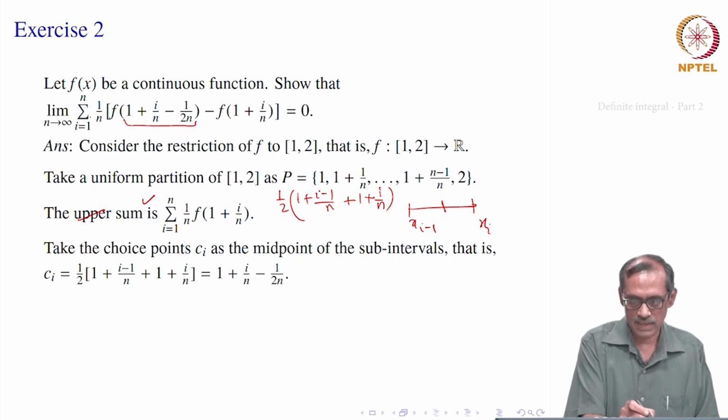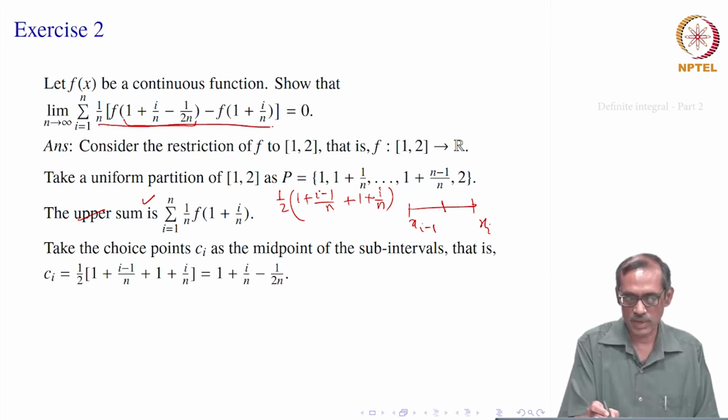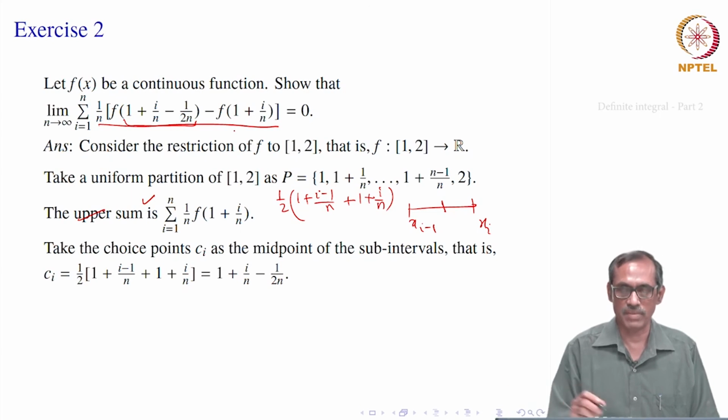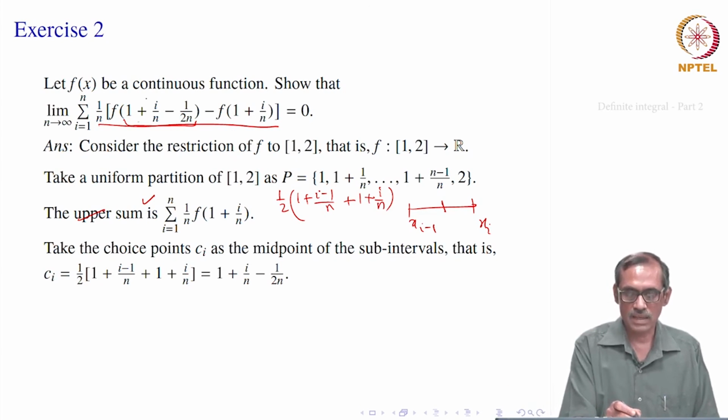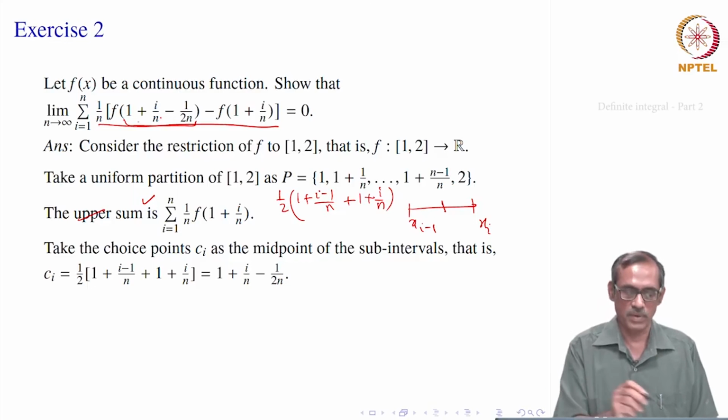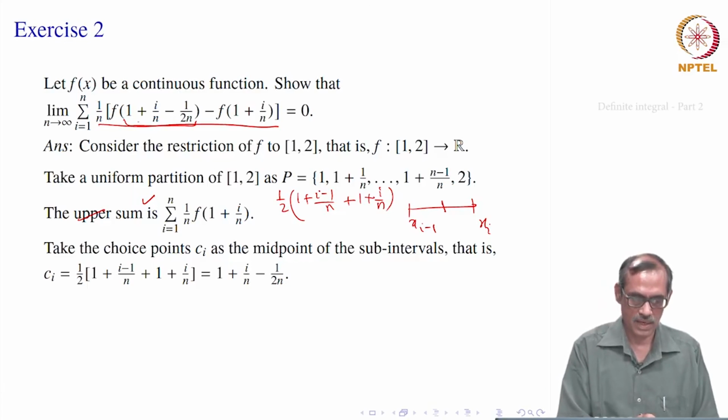So, we can see that the expression here, with the right end point being x_i, is a Riemann sum where c is taken as the set of right end points, and the first one is where c is taken as the set of midpoints. Okay.